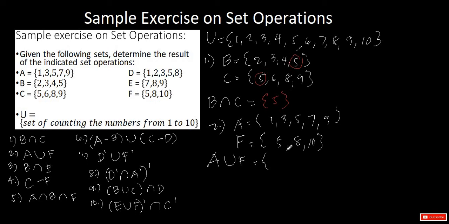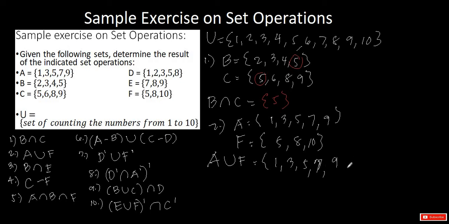Okay, let's find the elements of the union of set A and set F, or the elements that are in set A or in set F. Okay, so first we list the elements of set A: 1, 3, 5, 7, and 9.